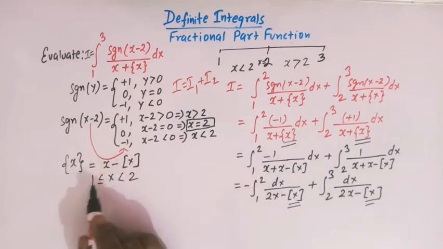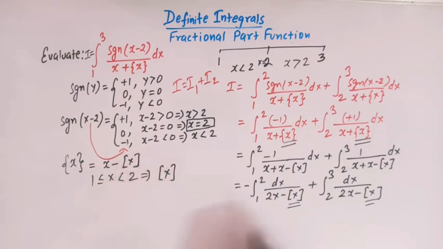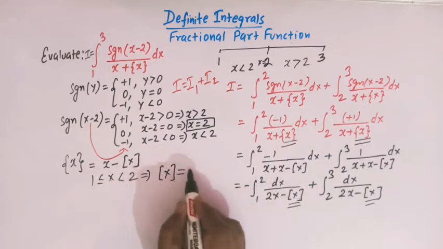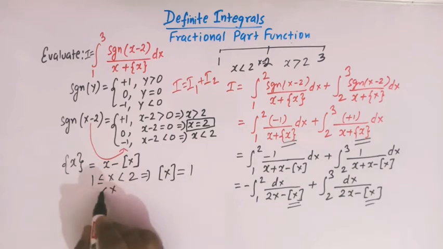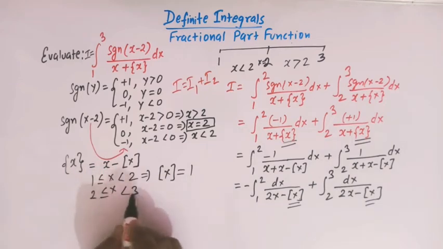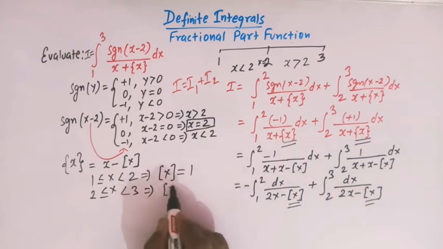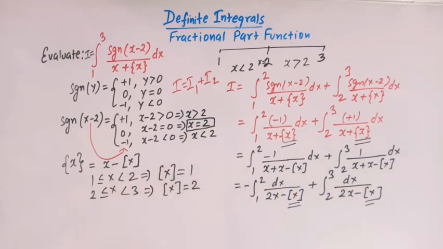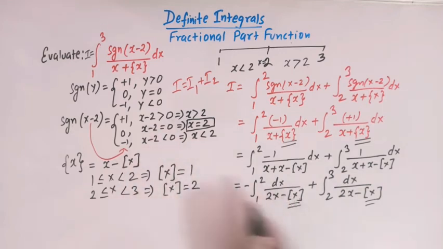So when x lies between 1 and 2, the value of the greatest integer of x is equal to 1, right? And when x varies from 2 to 3, the value of the greatest integer of x is simply 2, right? So now we can write here 1, and here we can write 2.